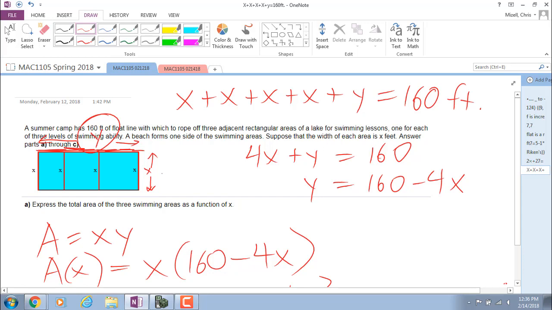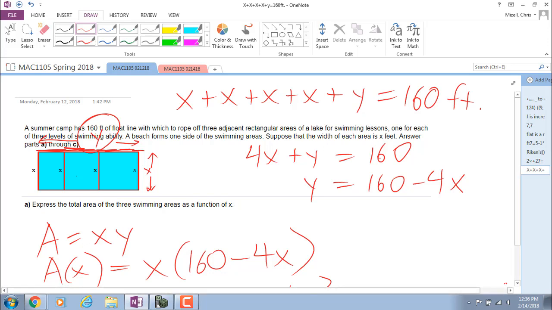We were able to come up with that by observing that if we take the four lengths of rope, each x feet long, and the one at the back end of the swimming area that's y feet long, and add those up, that's our 160 feet of rope. So those four x's plus the y equals 160 feet. If we solve that equation for y, we get y equals 160 minus 4x.